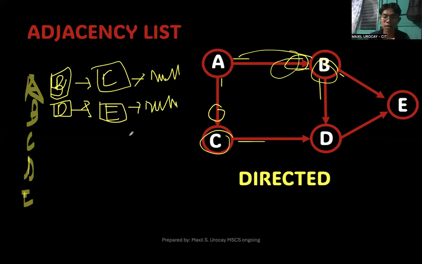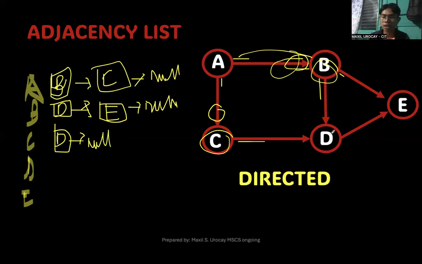D is counted, since C points to letter D. So that is only D for letter C. And there's no other letter, so it must point to null directly.